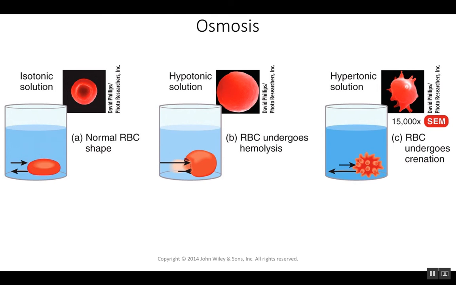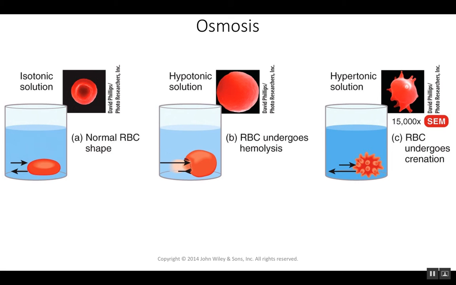If you put a red blood cell in a hypotonic solution, hypo means low. What it's referring to is low solute concentration. So this would be like putting red blood cells in pure water. Pure water is as hypotonic as it gets because there's nothing else in that pure water.